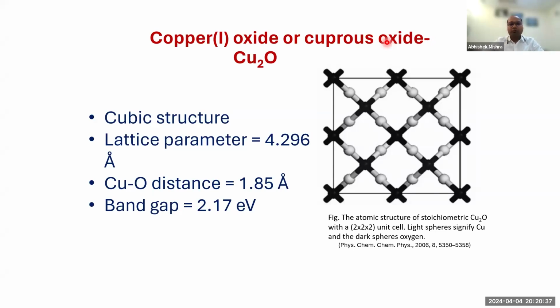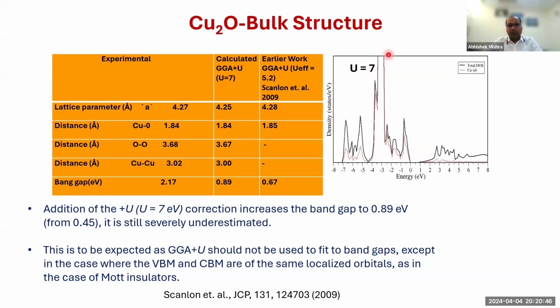If you look at copper 1 oxide, Cu plus oxide, you have a unique lattice structure parameter and a finite band gap, and this is how our results are for GGA plus U calculations for copper 1 oxide, and they match considerably well with the earlier calculations. And why do we have a large underestimation of the band gap here?